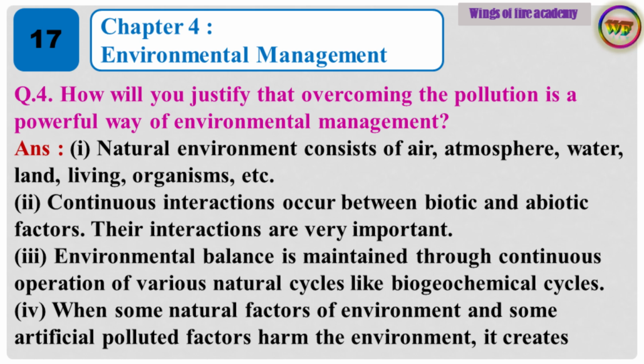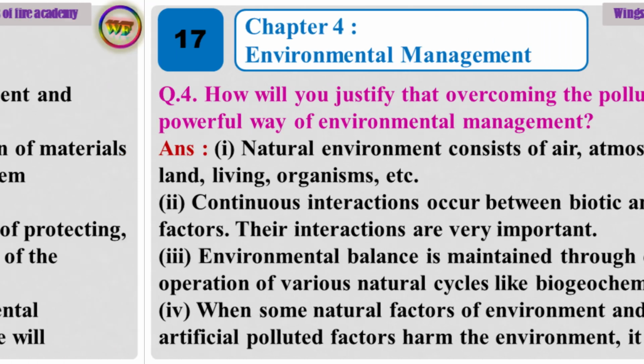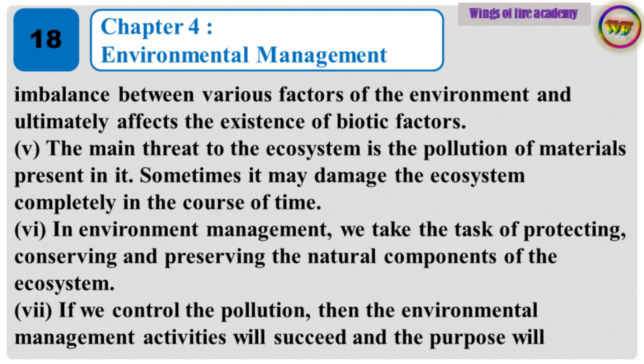Point 4. When some natural factors of the environment and some artificial polluted factors harm the environment, it creates imbalance between various factors of the environment and ultimately affects the existence of biotic factors.